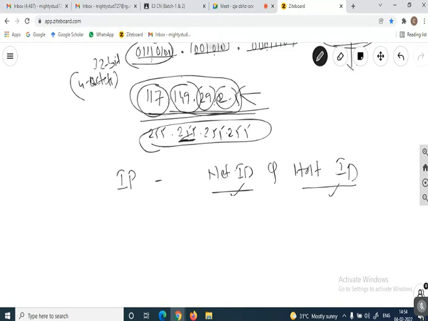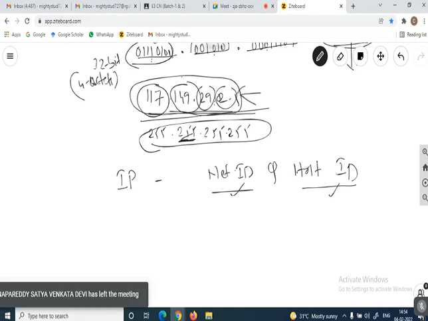But how many bits are used for identification of the network and the host ID differs depending upon your networking environment. Based on that factor, it is divided into class A, class B, class C, class D, and class E. Based on that, the number of bits allocated for the networking ID and host ID differs.